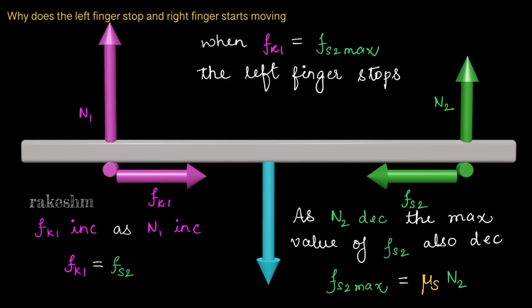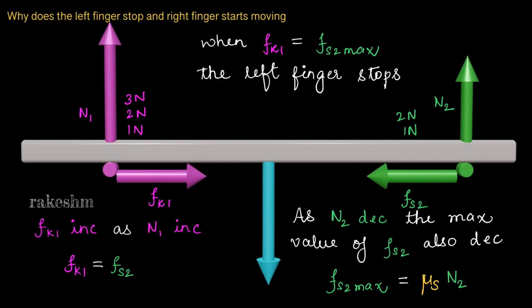Now we come to a very important point. When Fk1 equals Fs2 max, the left finger stops. Let me help you understand this statement. Let us take some random values. Now we know that the kinetic friction here is going on increasing as this finger is moving towards the center. So initially let us say this kinetic friction is 1 Newton. Here the static friction is also 1 Newton.